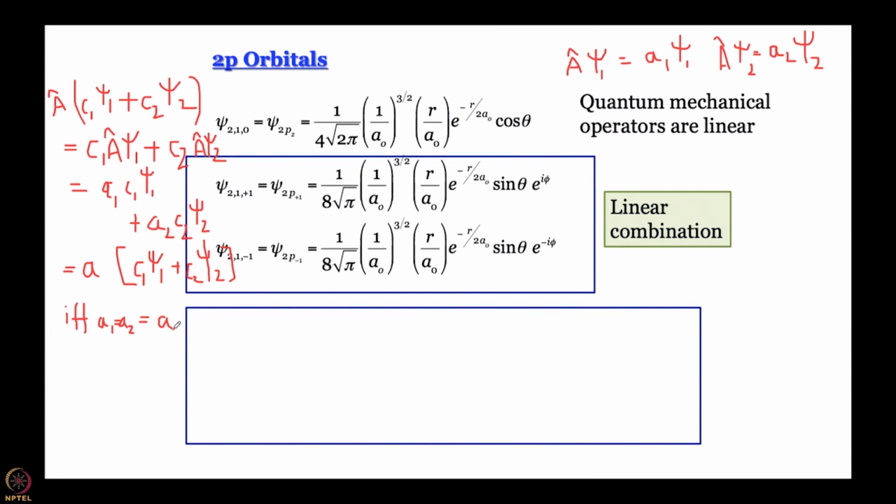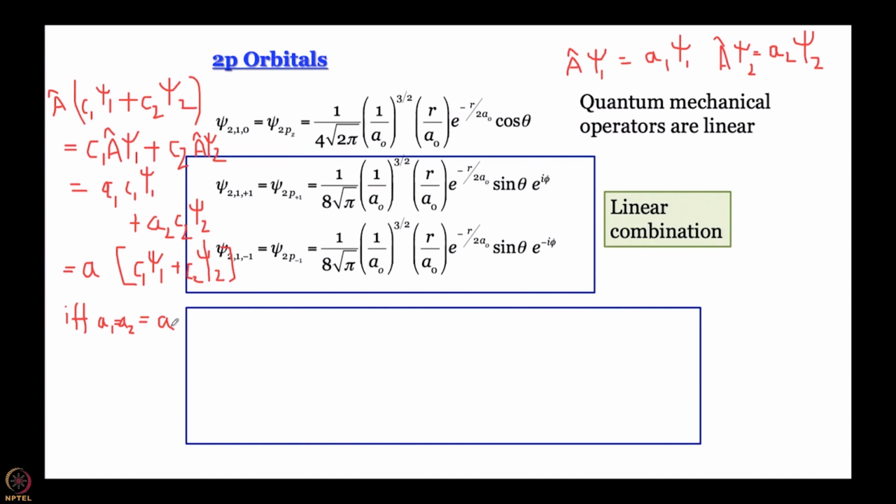So, here think of the Hamiltonian operator. What are we using orbitals for so far? To find out energy. So, the Hamiltonian operator is the total energy operator. What is the eigenvalue for 2pz and 2p plus 1 and 2p minus 1? They are the same. Whatever is the eigenvalue for n equal to 2 is the energy eigenvalue for all these orbitals.